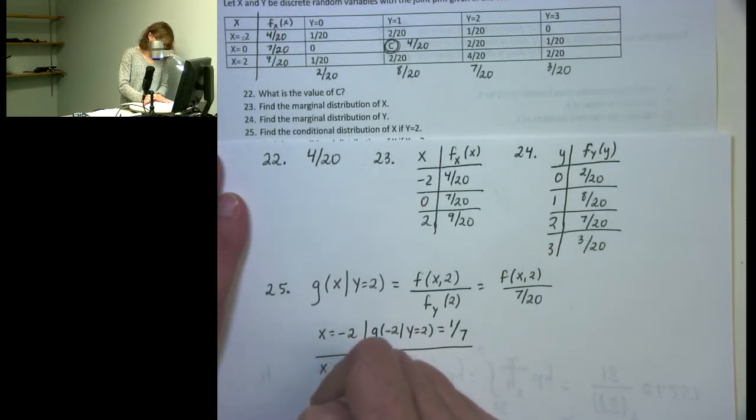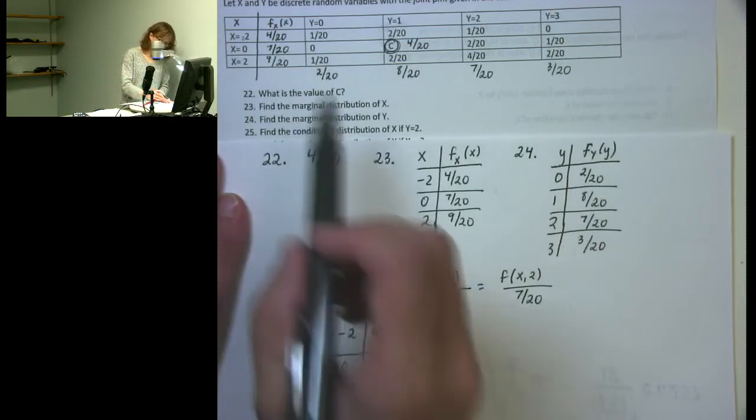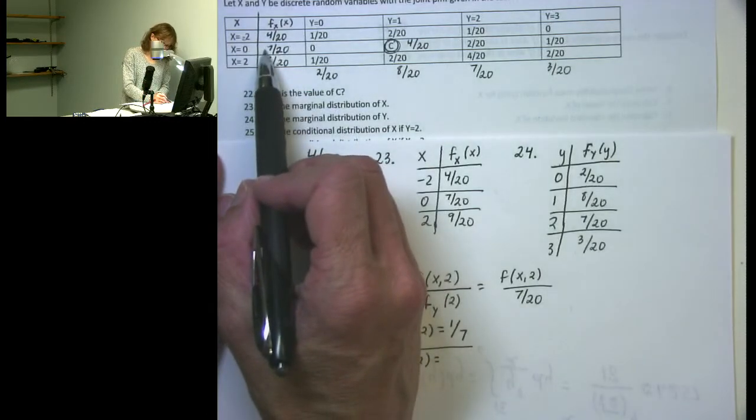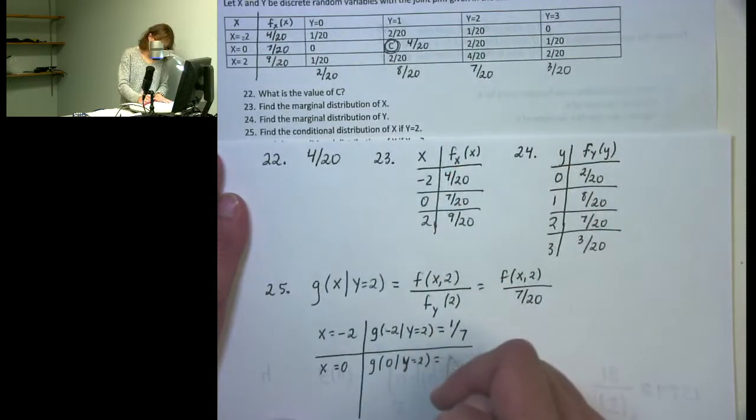When x is equal to 0 and y equals 2, I have 2/20 over 7/20.